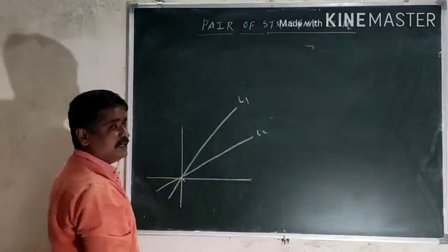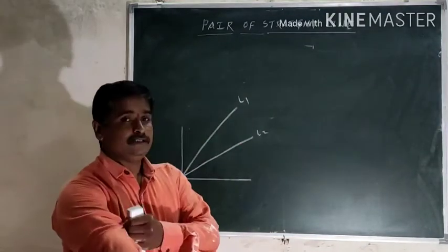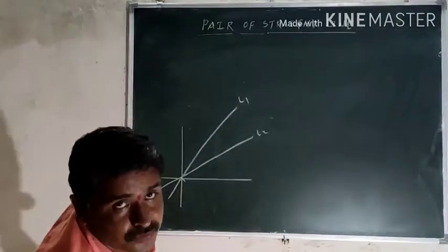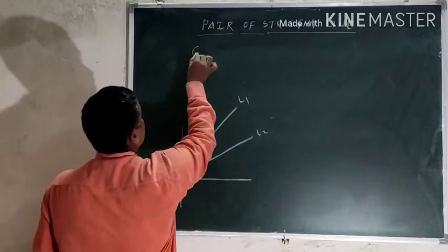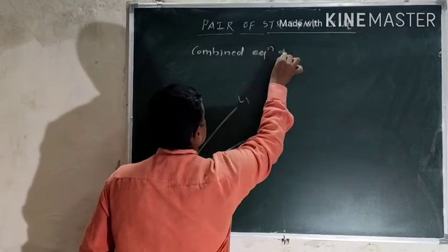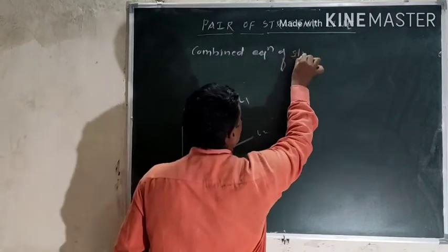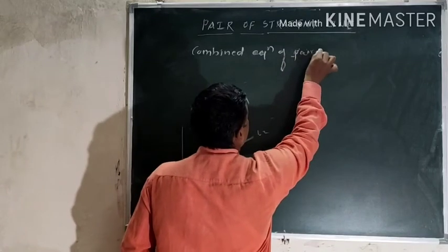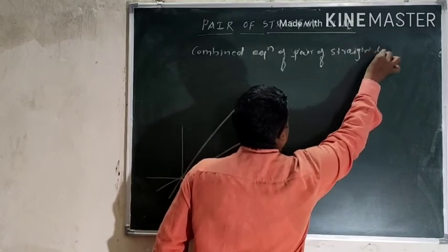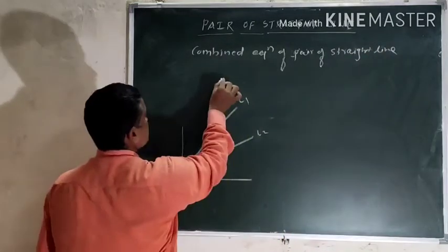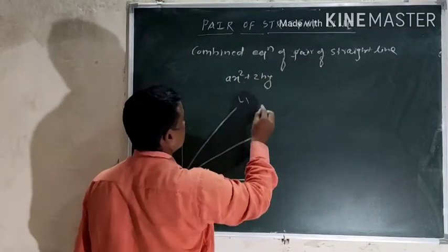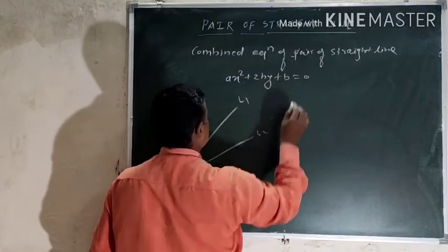Firstly, we study the combined equation of straight lines which pass through the origin. The combined equation of a pair of straight lines is ax square plus 2hxy plus by square equals 0.